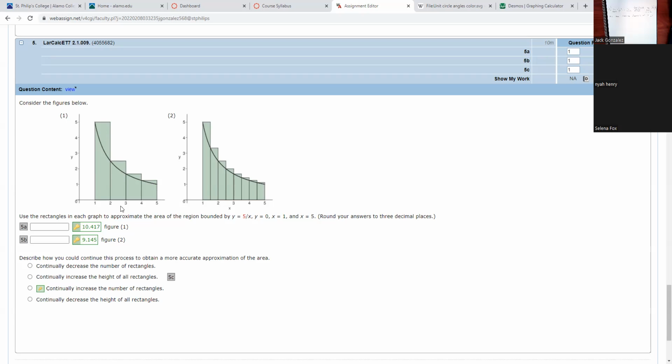Plug in the number 2, you get a height of 5/2. So that's where all these rectangle heights are coming from. The width is all 1, so you multiply it times that specific height, and you just add up the rectangles. When you add them up, you're going to get some stupid number.